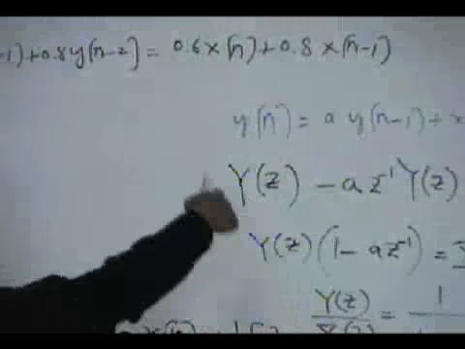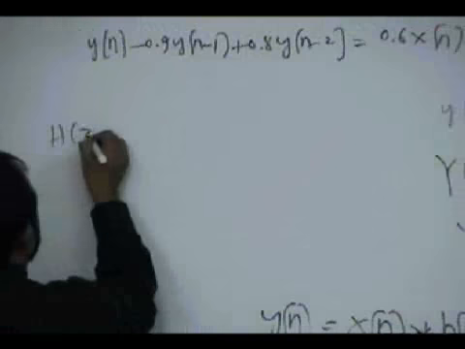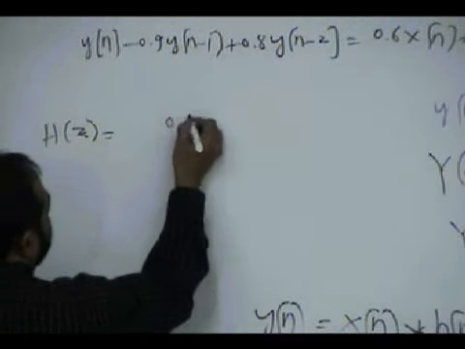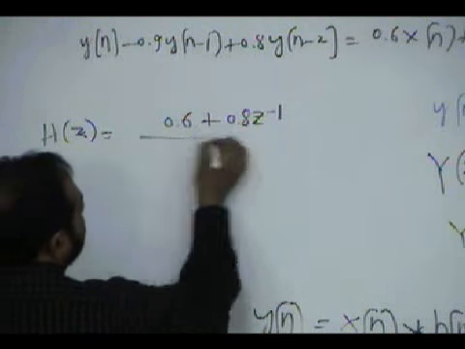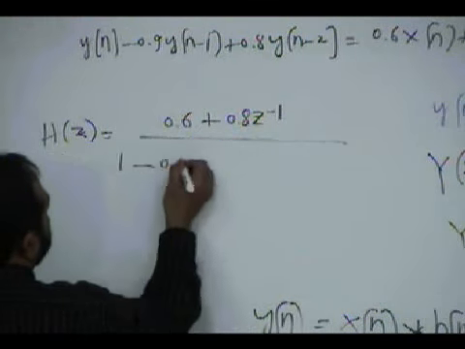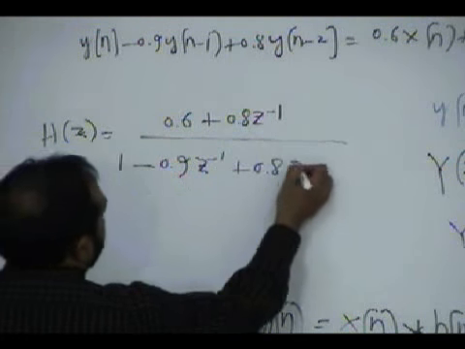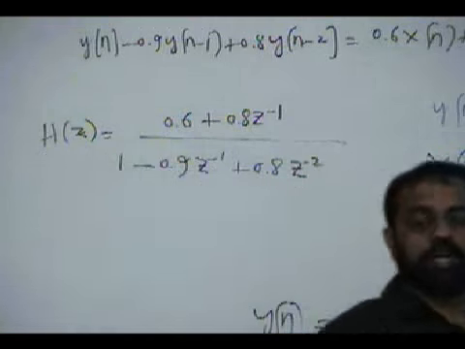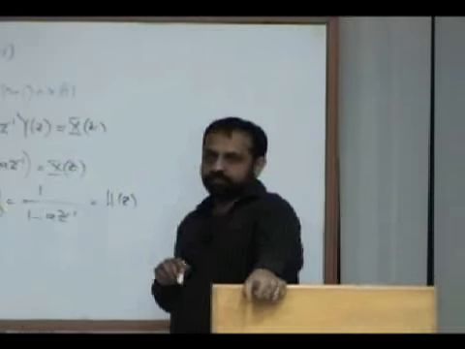Though you can go through this and find H of Z, you can directly write H of Z is equal to 0.6 plus 0.8 Z inverse over 1 minus 0.9 Z inverse plus 0.8 Z minus 2. So this is how you write. Looking at the difference equation, you can write H of Z.